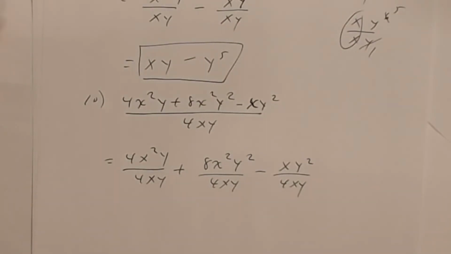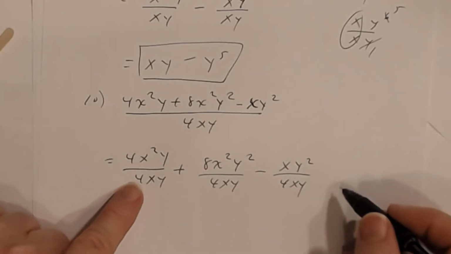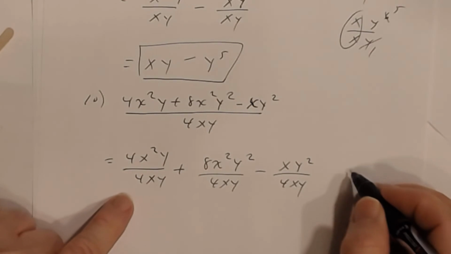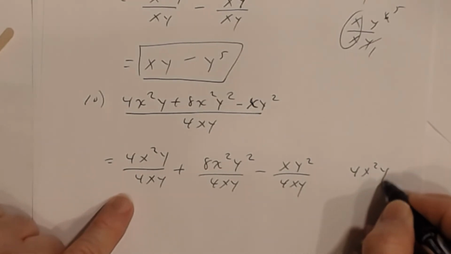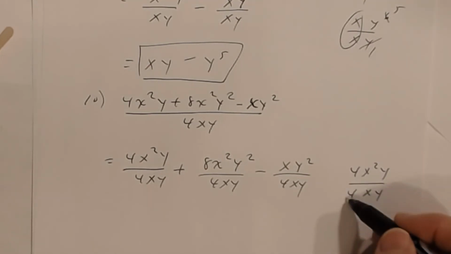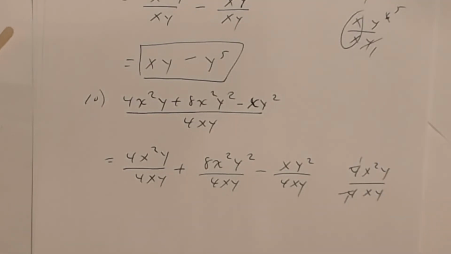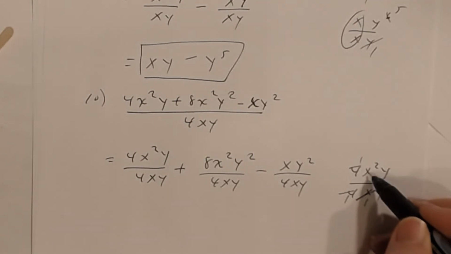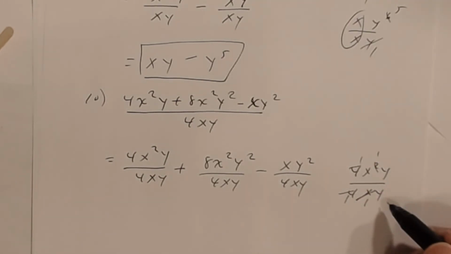And then if you have to, just go up to the side and simplify each of these. So for example, if you need to, rewrite the first one: 4x squared y divided by 4xy. So notice, the 4's divide out, right? See what I'm doing? The x squared and the x, so one factor of x divides into one of the x's here. You're left with x to the first here.